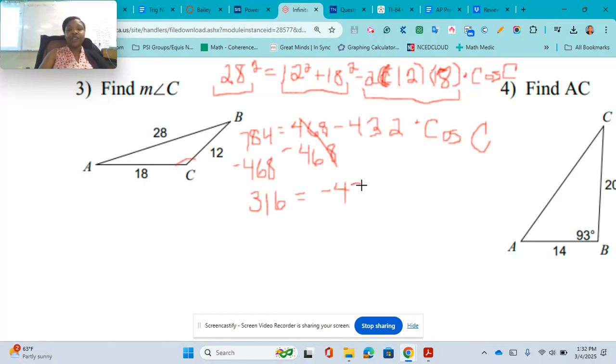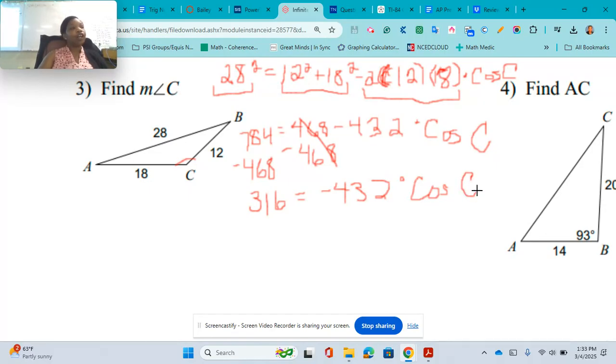Excellent. Negative 432 times the cosine C.